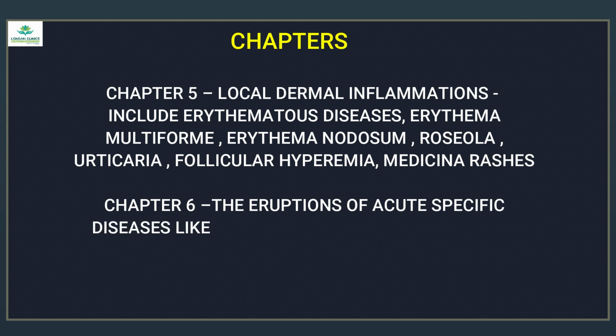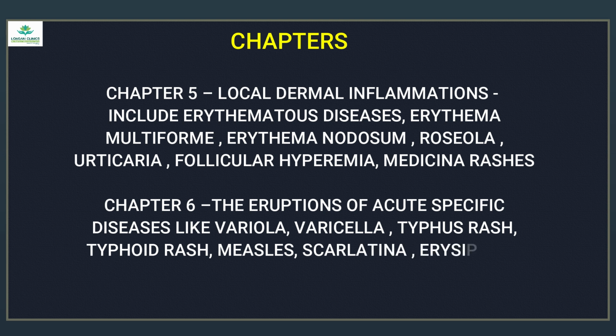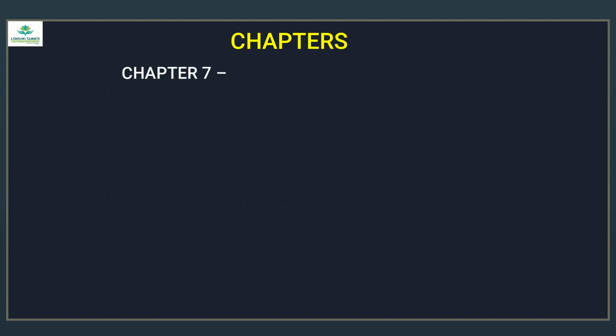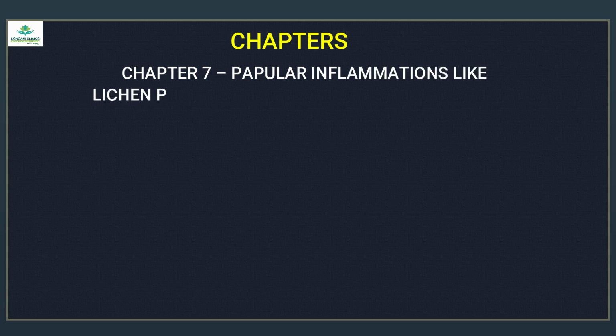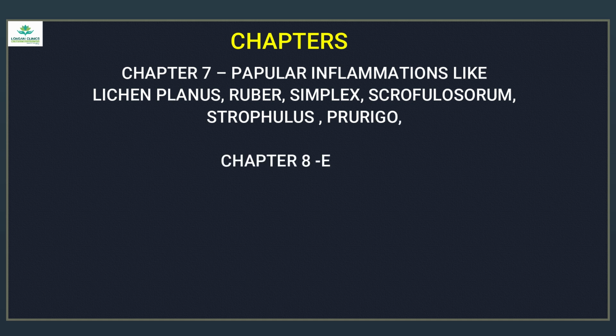The eruptions of acute specific diseases like variola, varicella, typhus rash, typhoid rash, measles, scarlatina, erysipelas, rubella, frambosia. Then chapter 7. Papular inflammations like lichen planus, rubor simplex, scrofulosaurum, strophulus, and then comes the prurigo. Then chapter 8 contains eczema.